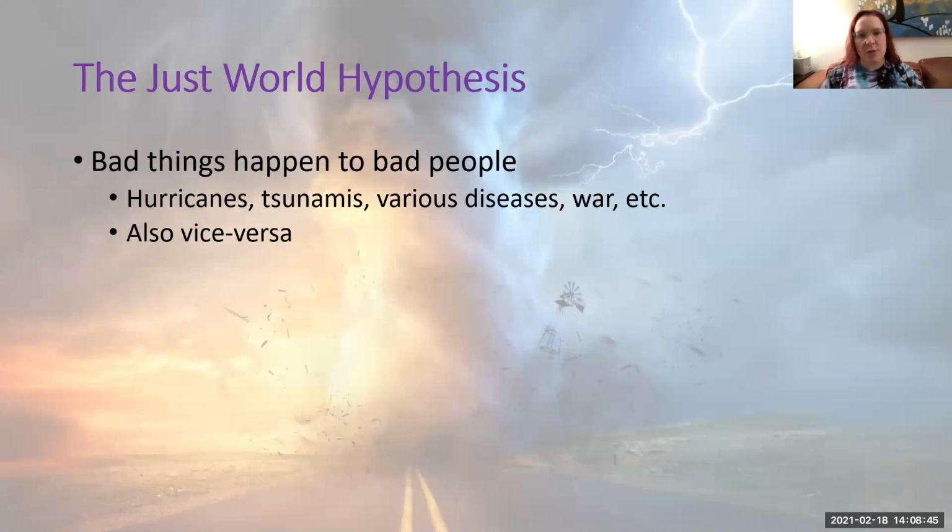And the just world hypothesis can be used to explain all sorts of things, including and oftentimes noticeably things that could not have been affected by an individual person's behavior. So, for example, natural disasters oftentimes get blamed in terms that are actually referring to the just world hypothesis.